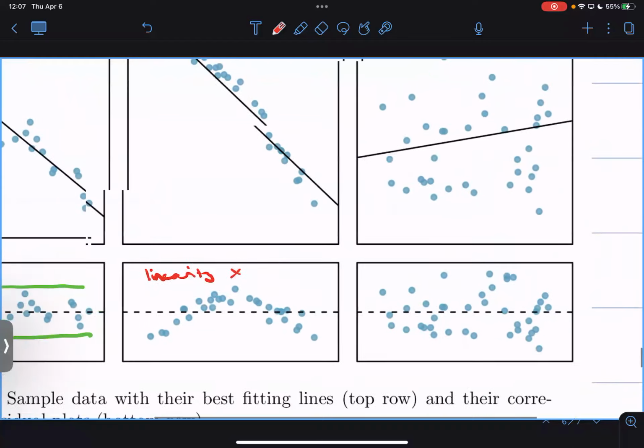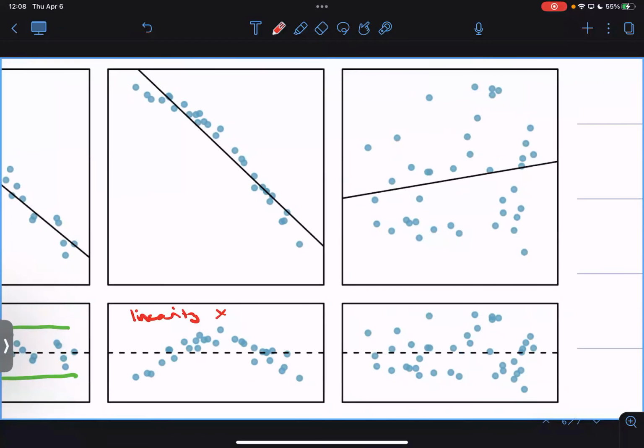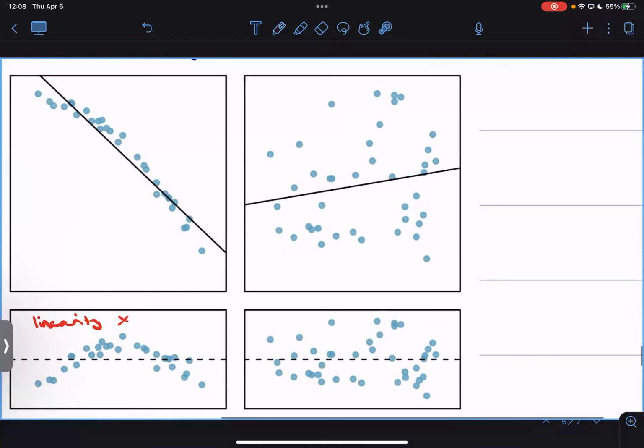So then if we look at the last one, what condition is going to be not met? Probably the constant variance. Here we have this kind of cloud, and I don't see any other pattern, so I'm going to fit a straight line to it. That's fine.